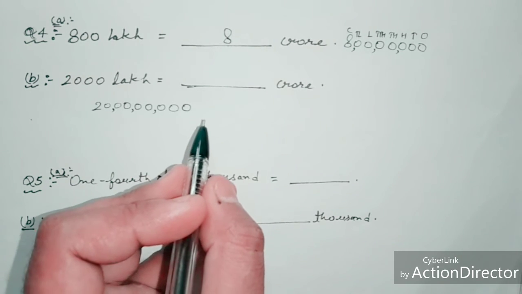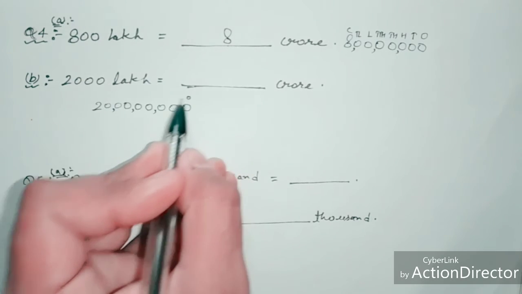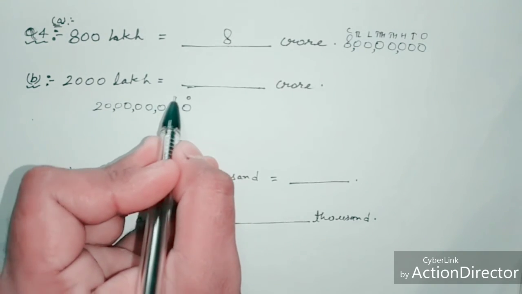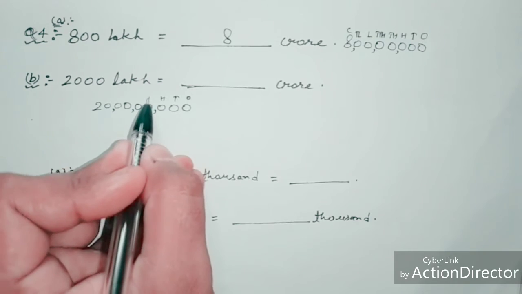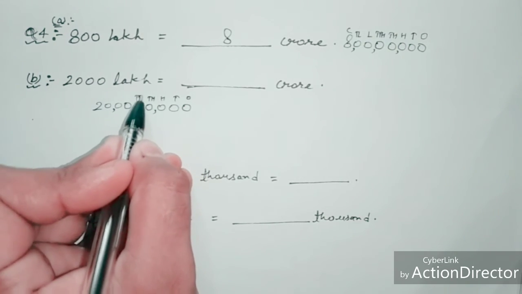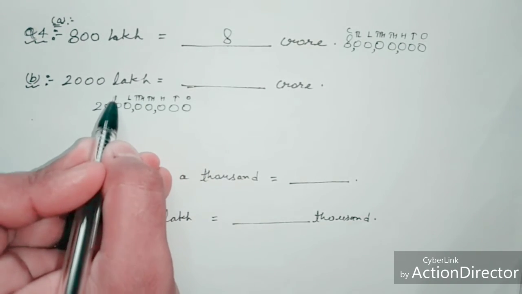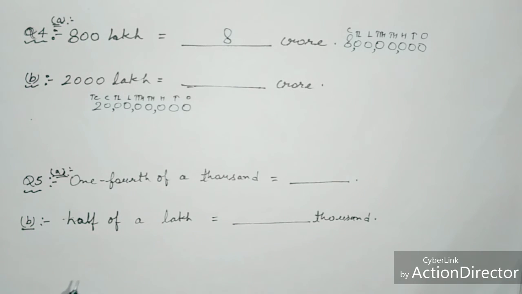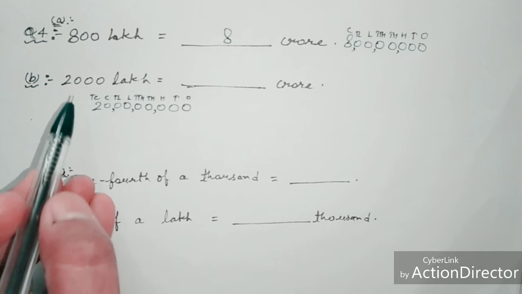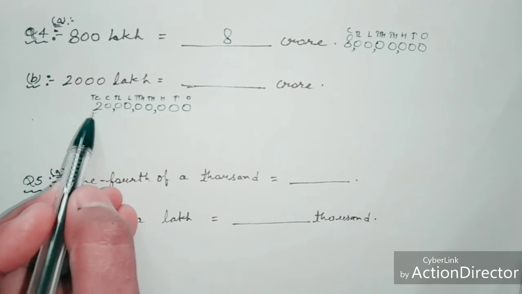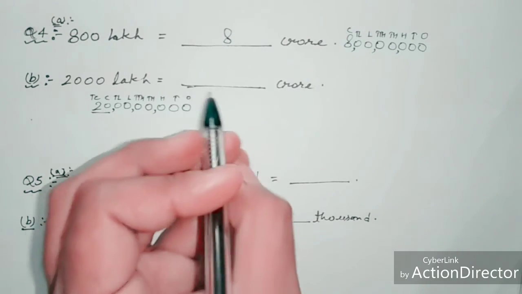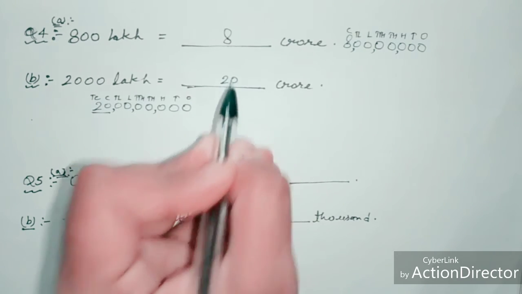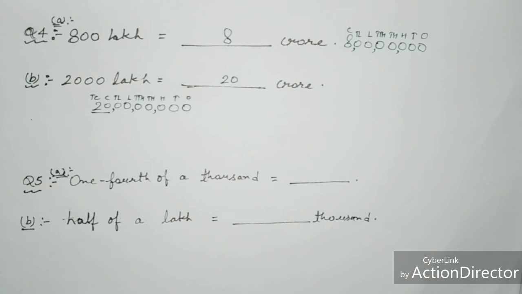Now we write place values of these numbers: ones, tens, 100, 1000, 10,000, lakh, 10 lakh, crore and 10 crore. So 2000 lakh equal to 20 crore. So we write 20 here.